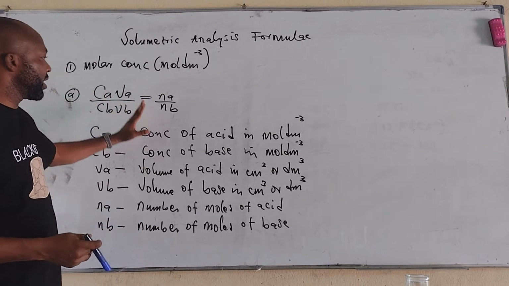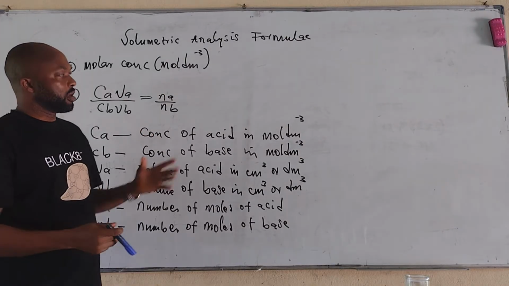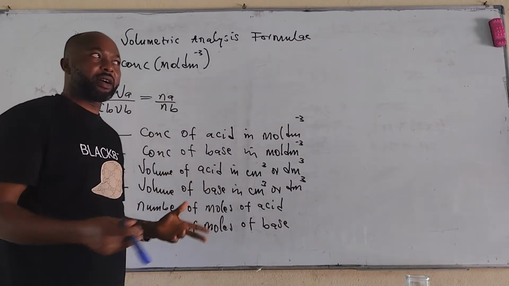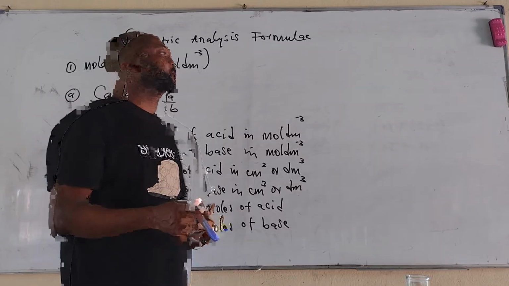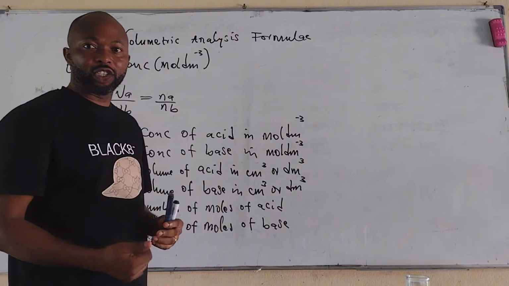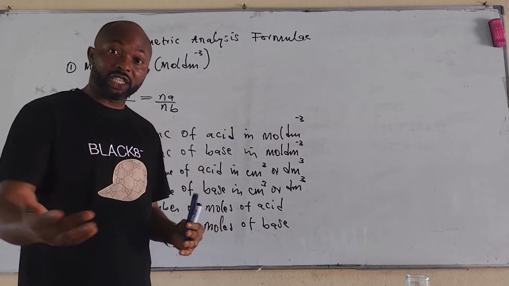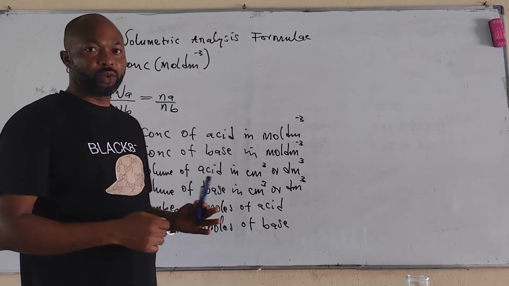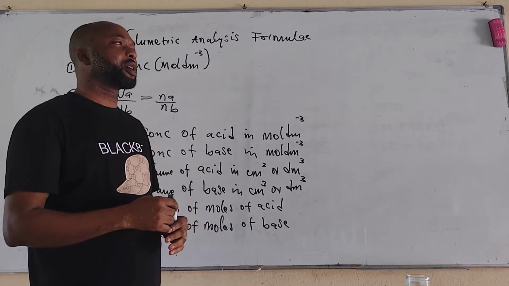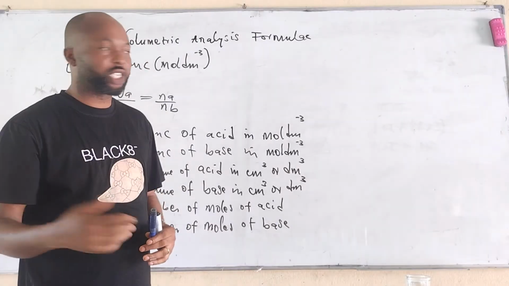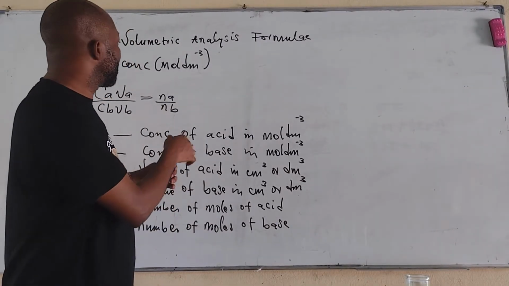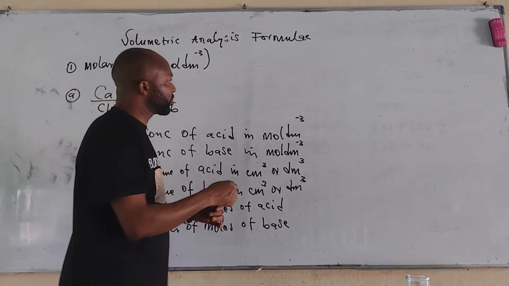This CAVA formula is what we use in acid-base and salt reactions, which is neutralization reaction. But when we're dealing with redox titration, we have a formula a little different from this. Let me write it here.